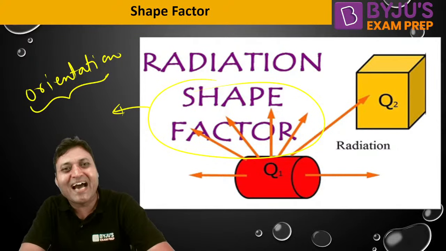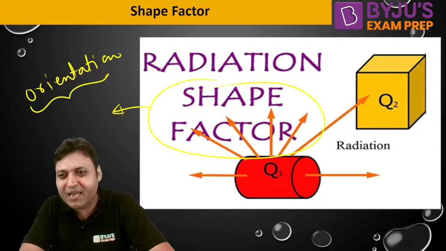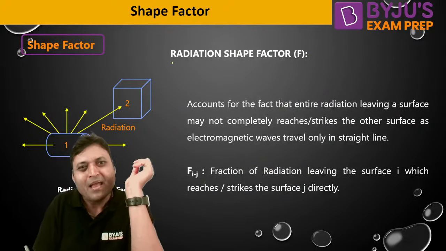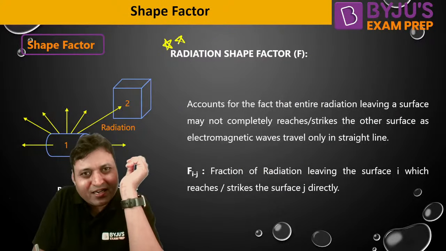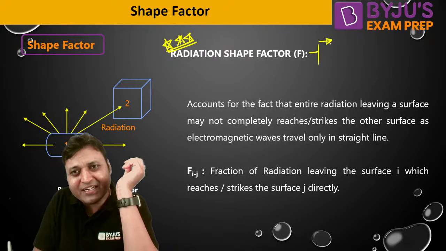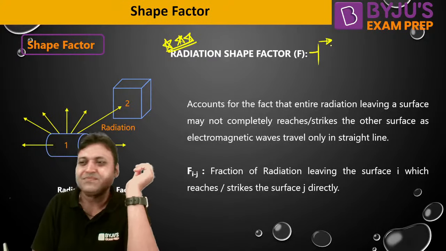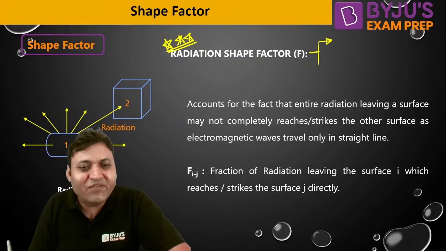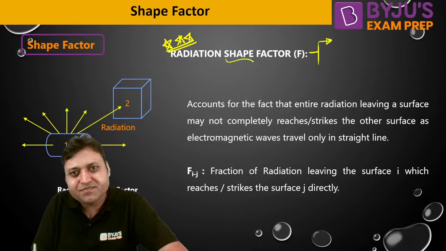All right. What are the other names for the shape factor? Radiation shape factor is denoted by F. Can you name some alternative names for the radiation shape factor?